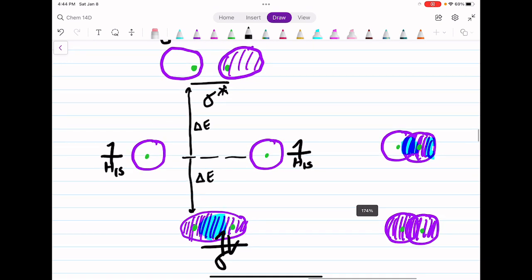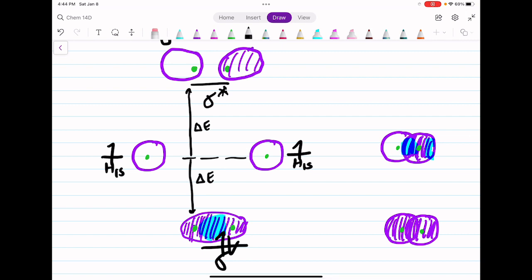So if we were to put electrons up here, let's just look at that scenario. If I were to put 2 electrons here, now let's look at what's happened. Does it want to still form a bond between these things? So I think just generically we can say, why would we call this an anti-bonding orbital, and why do we call this bonding? Well, remember, the bonding is the sharing of electrons between 2 atoms.